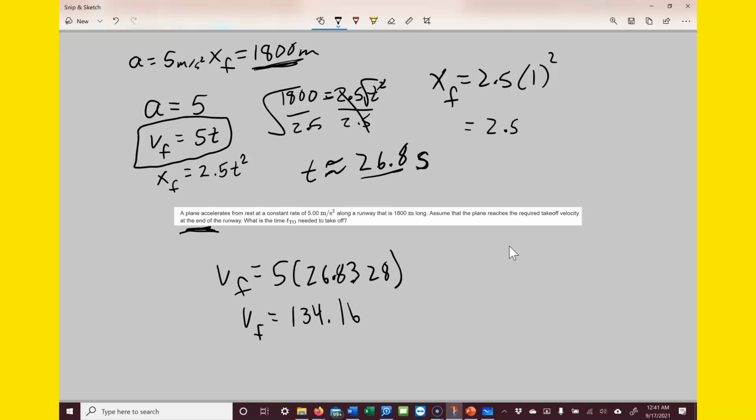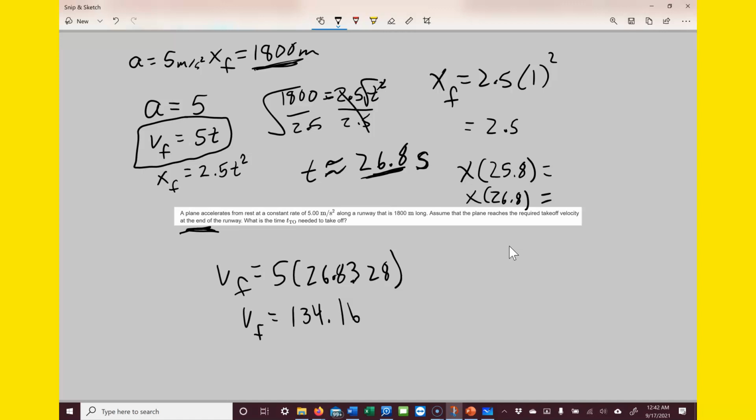But since I know that it takes 26.8 seconds to take off, then the last second will be between 25.8 seconds and 26.8 seconds. So I'm going to find the position when I plug in 25.8, and I'm also going to find the position when I plug in 26.8. And the difference between those is how far it traveled during that last second between those two times.